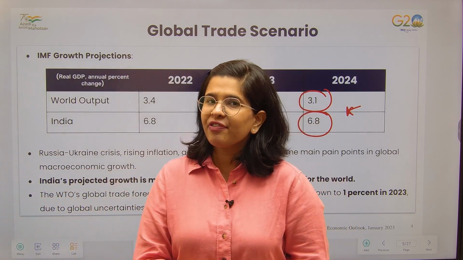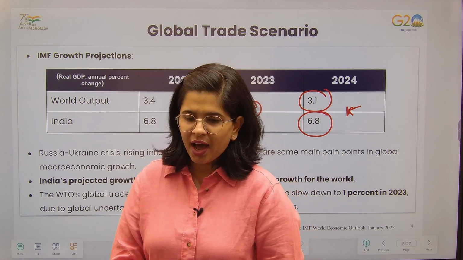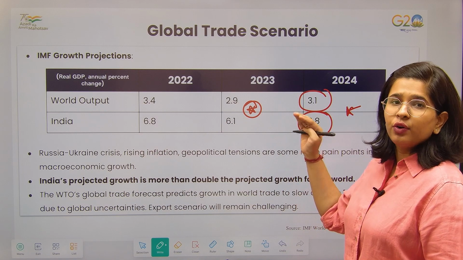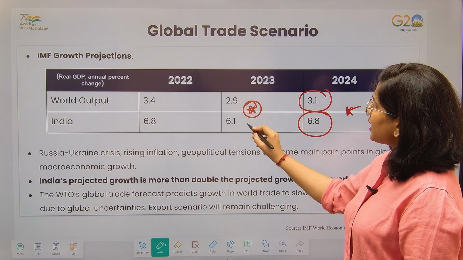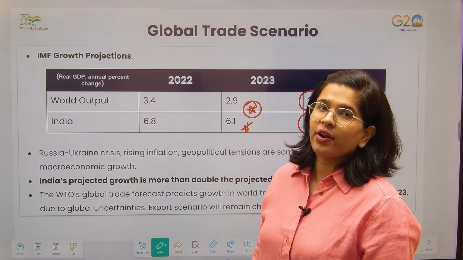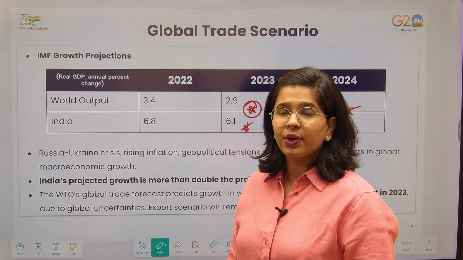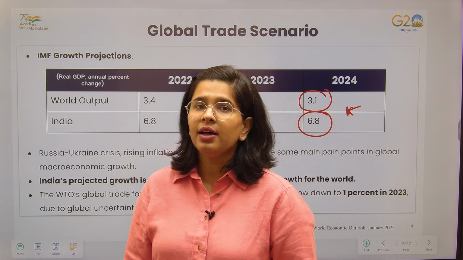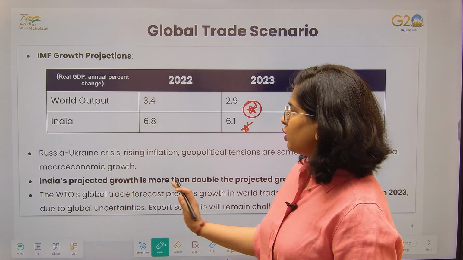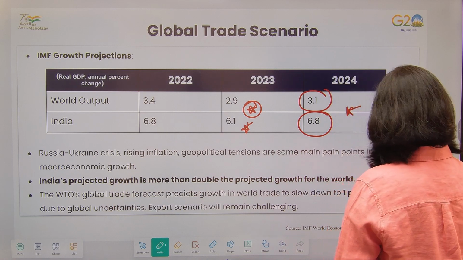So even the IMF is saying that we are going to excel, we are having a good growth rate, and having a good growth rate is always good because it attracts foreign investors. If your economy is growing, if your economy is doing much better, then it is going to attract foreign investors, right? So this is the global trade scenario that we were talking about.